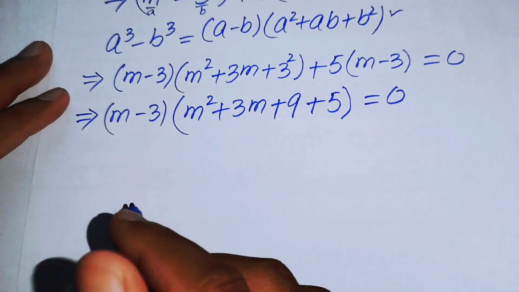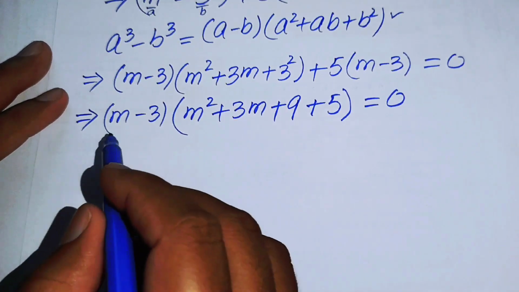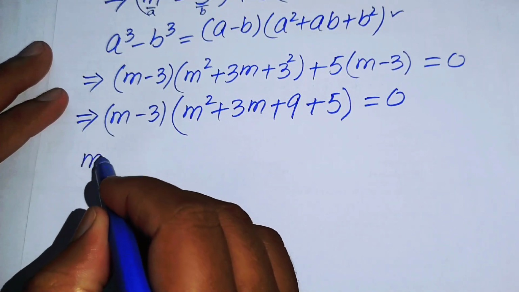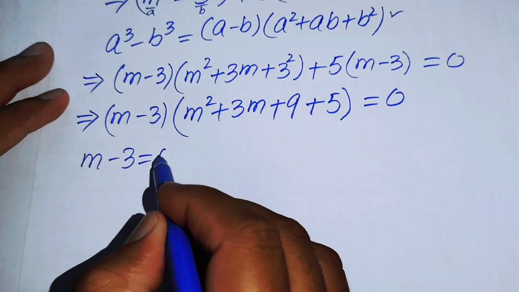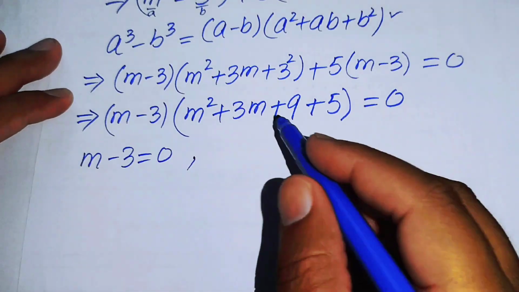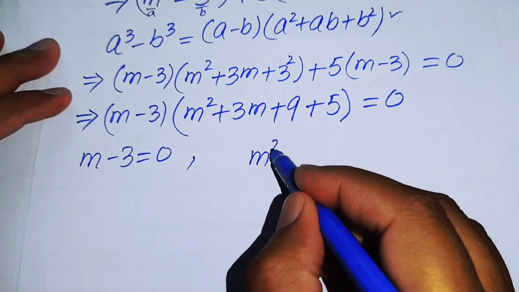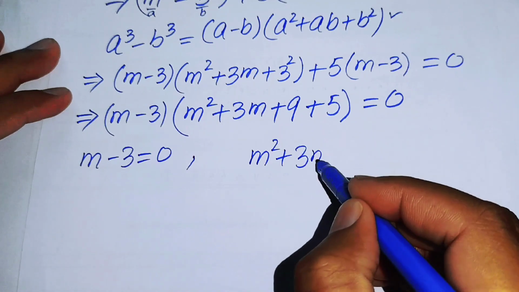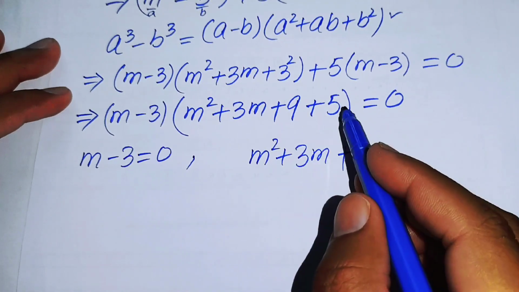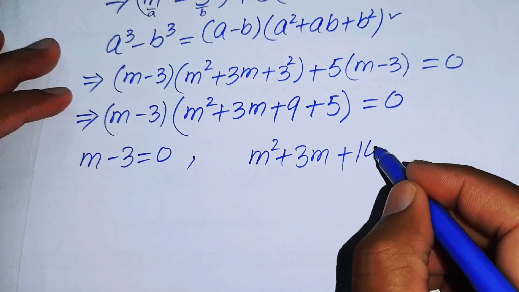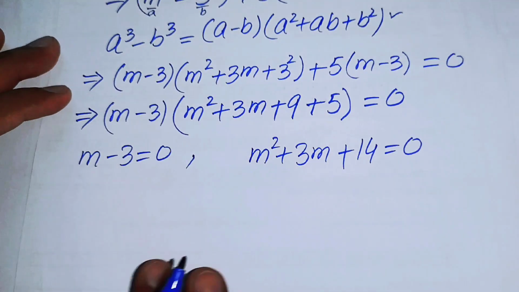After that here we have the two cases. The first case is we take m minus 3 is equal to 0, and the other case is we take m square plus 3m plus 9 plus 5 is 14 is equal to 0.